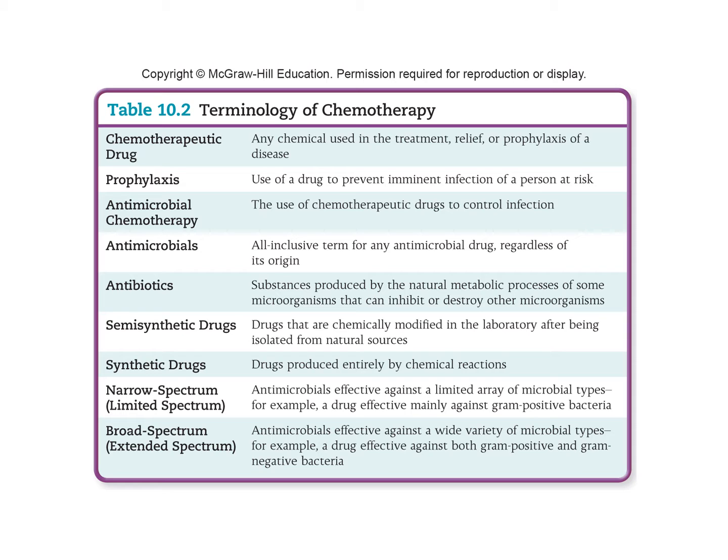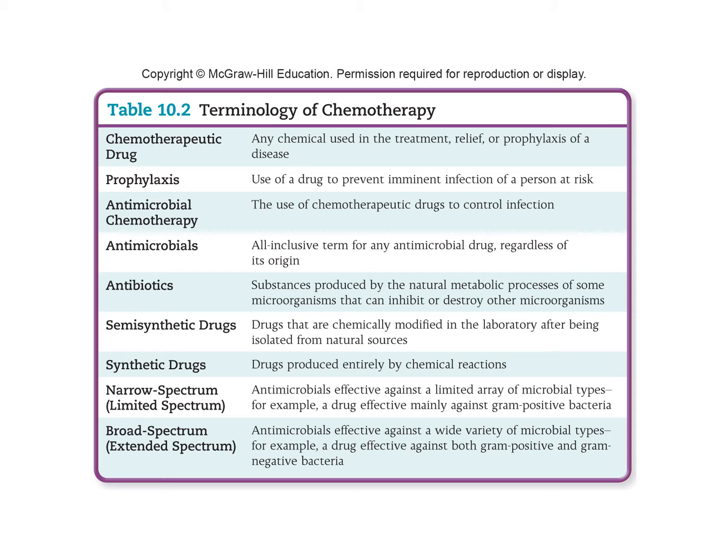So narrow spectrum versus broad spectrum is exactly what it says. Narrow spectrum is also called limited spectrum. These are antimicrobials effective against a very limited array of microbial types. So it may only be effective, for example, against only gram-positive bacteria. Gram-negative wouldn't be affected by a narrow spectrum gram-positive antibiotic.